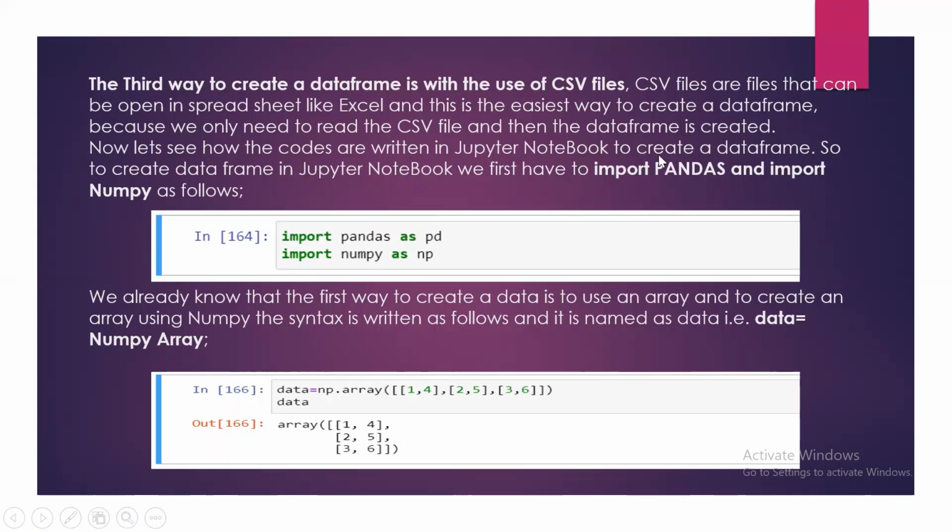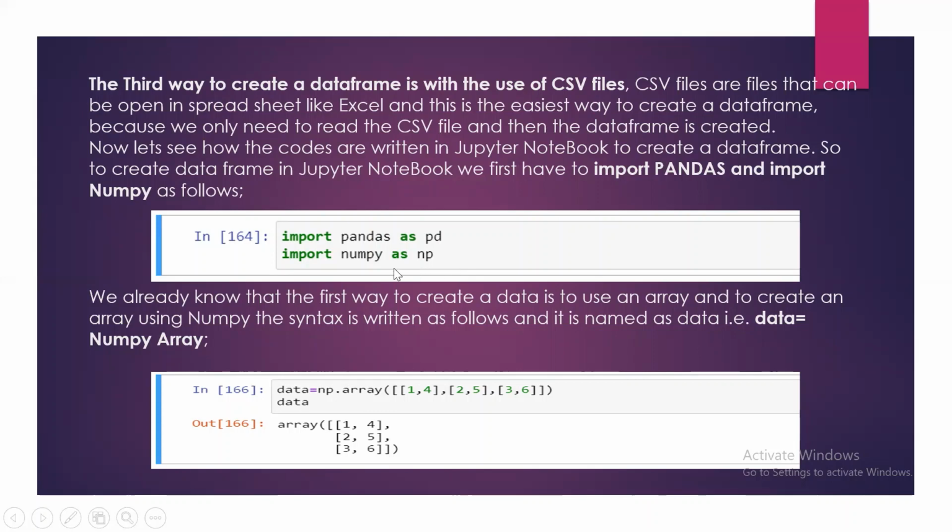So let's see how these codes are written in Jupyter Notebook or Python to create a data frame. To create a data frame in Python, we first have to import the Pandas library and then import the NumPy library.